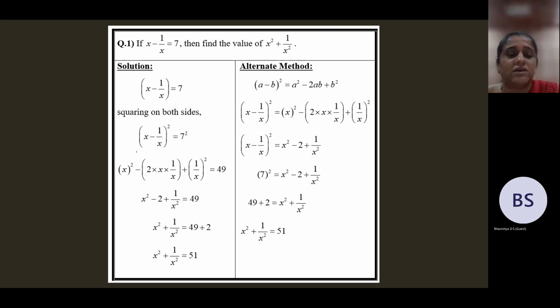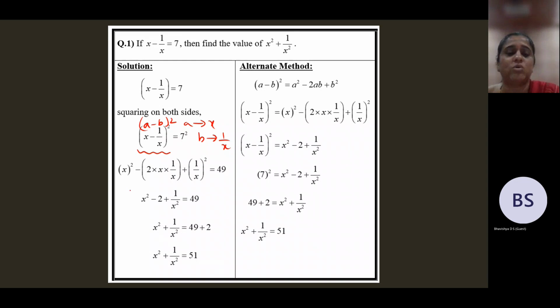Now the left hand side is x minus 1 by x the whole square, like a minus b the whole square, where a is x and b is 1 by x.